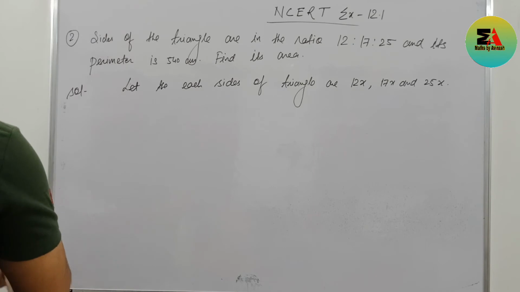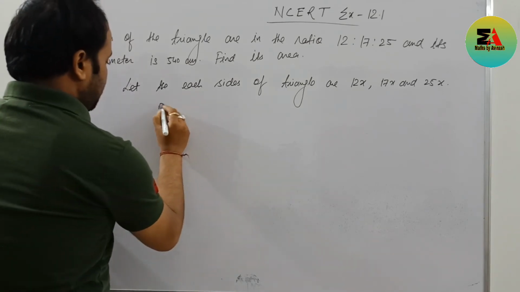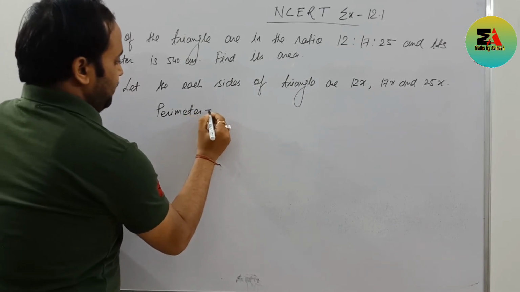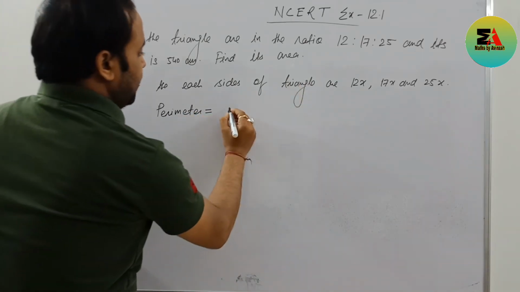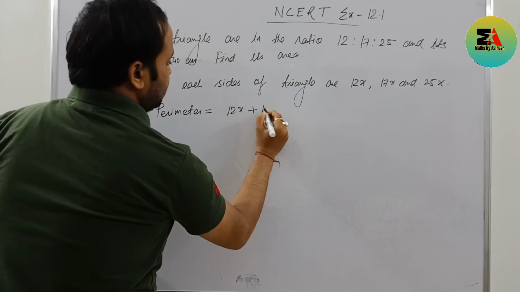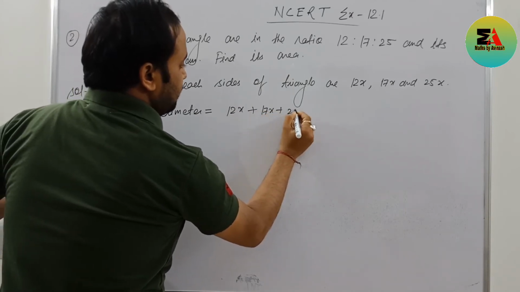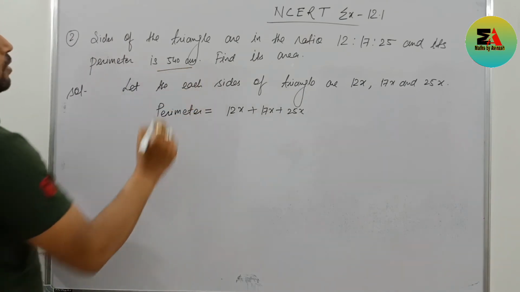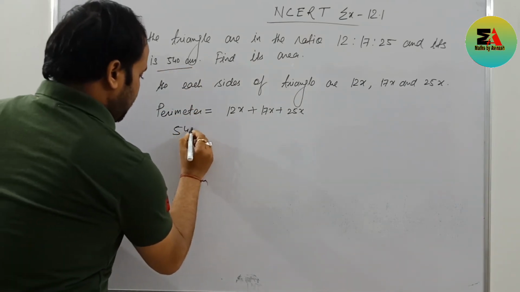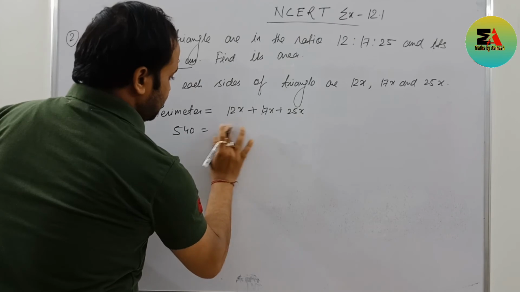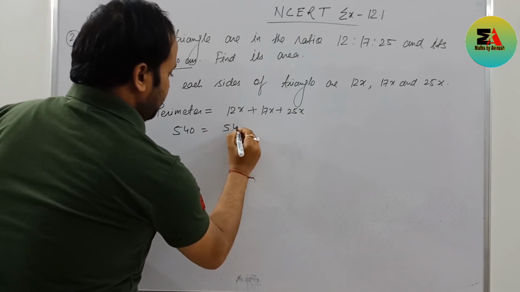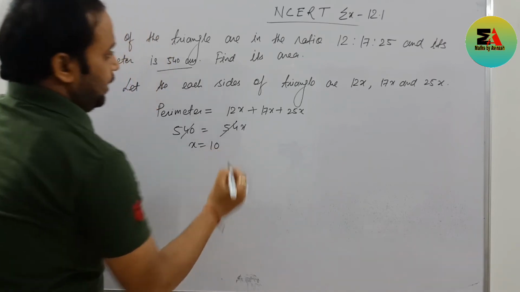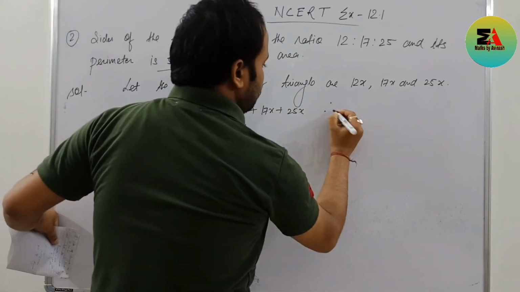The perimeter is already given. Perimeter is known as the sum of all sides. You write 12x plus 17x plus 25x. Our perimeter is already given in the question as 540. You add this, it becomes 54x. The value of x will be 10.